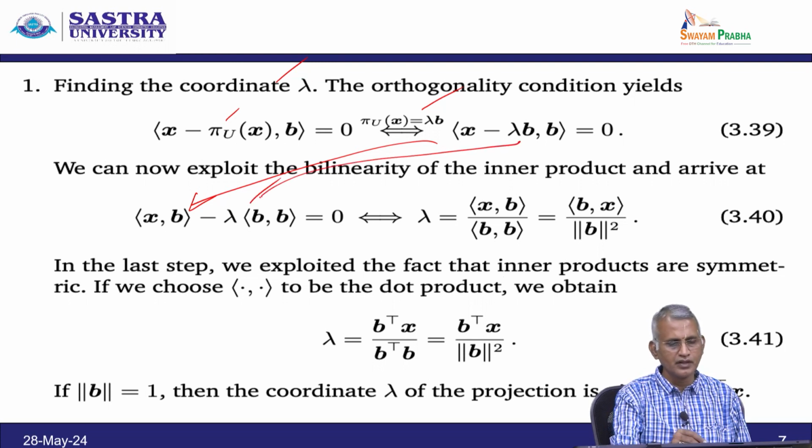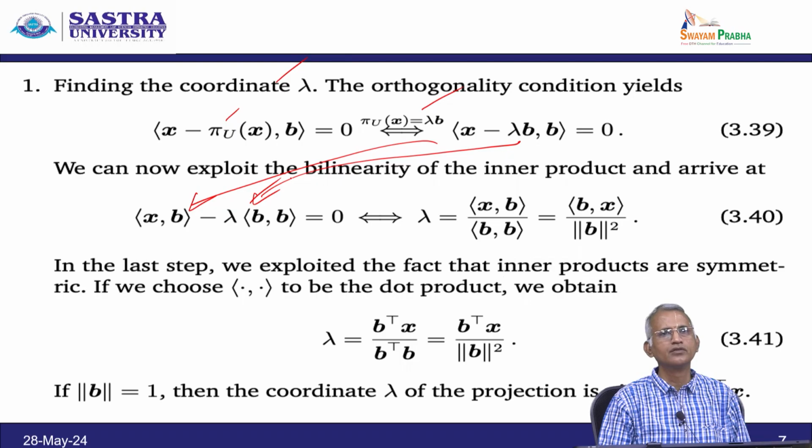So this will be equal to 0 if and only if, bringing it to the other side, lambda equals x comma b divided by b comma b. Now, since it is symmetric, the inner product x comma b equals b comma x, and the inner product b comma b is norm b squared. So in the last step we exploited the fact that inner products are symmetric.